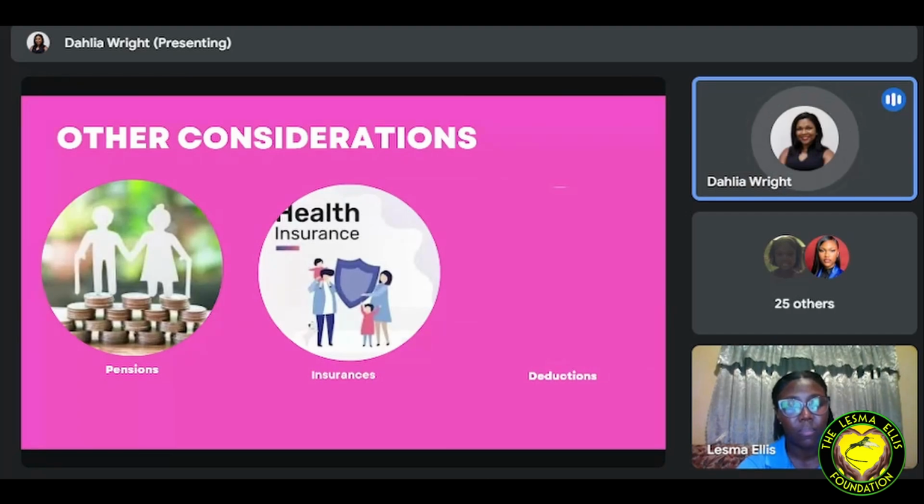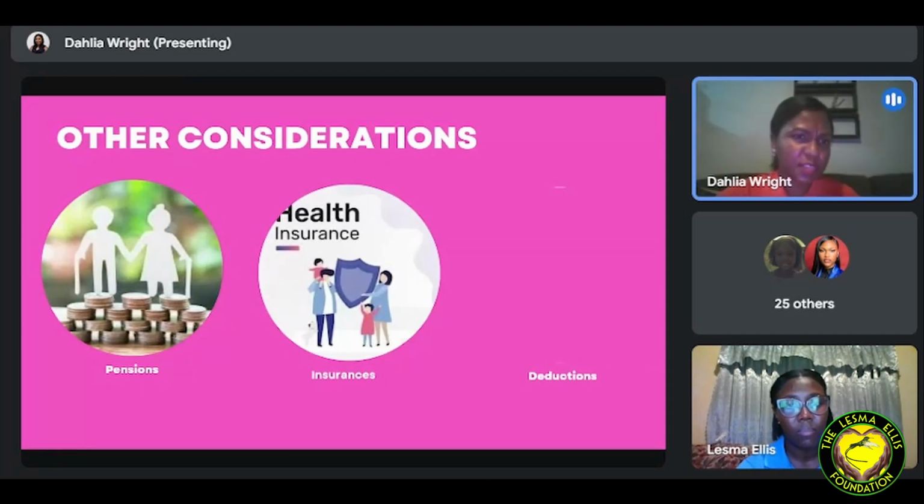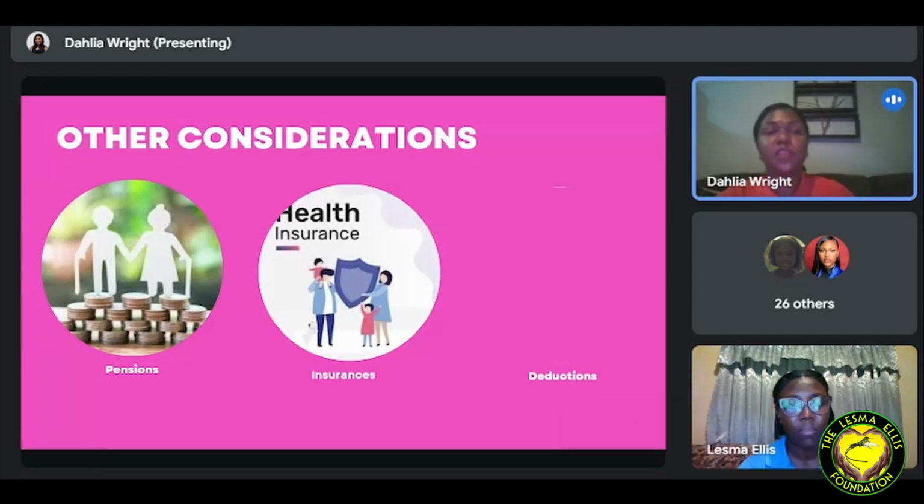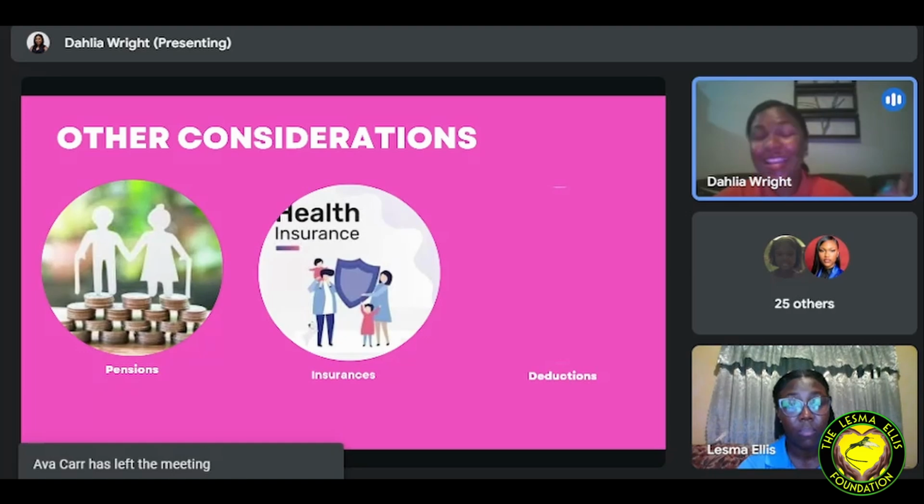Some places have mandatory pensions, and a lot of government places do as well. So now that it's mandatory that I contribute to this pension, it means I can no longer contribute to my private pension, which just literally stays there in limbo until the time of my retirement.